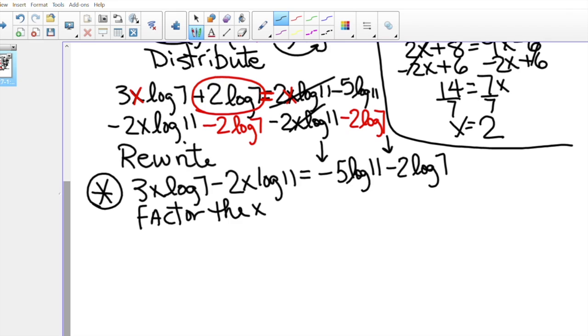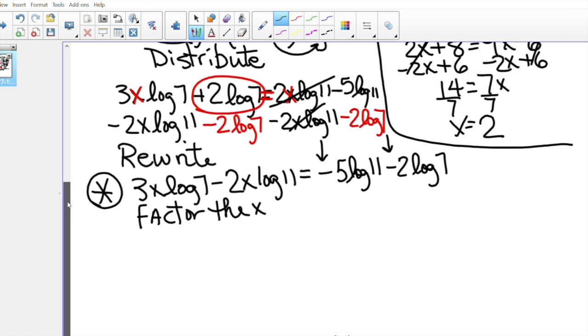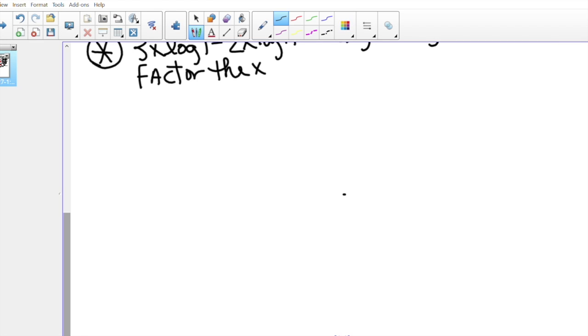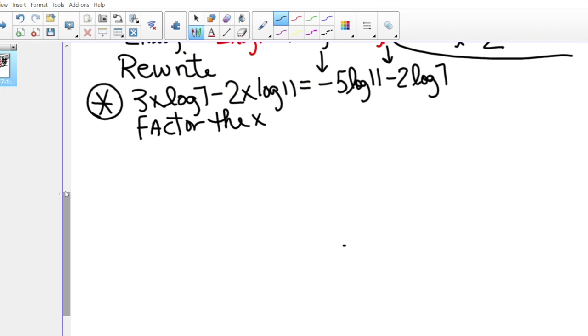Now people, this is where it becomes a little bit of a problem as far as being careful with this type of problem. You'll notice that it is a little bit different than what we've had already. When I mean by factor out the x, you are going to write an x parentheses.